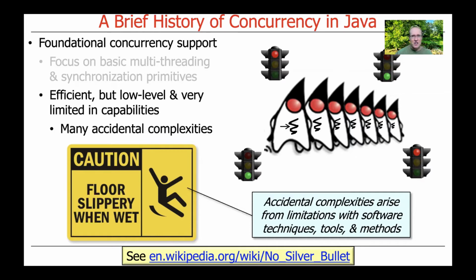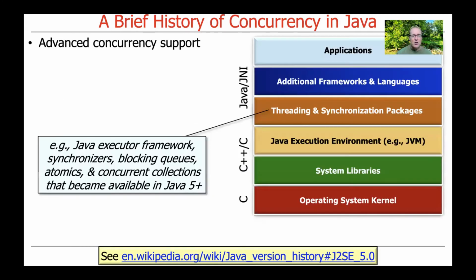So that obviously was not satisfactory. So with Java 5, which came out in the 2004 timeframe, so about a decade after Java 1 came out, they added a whole pile of new synchronization and threading mechanisms to Java.